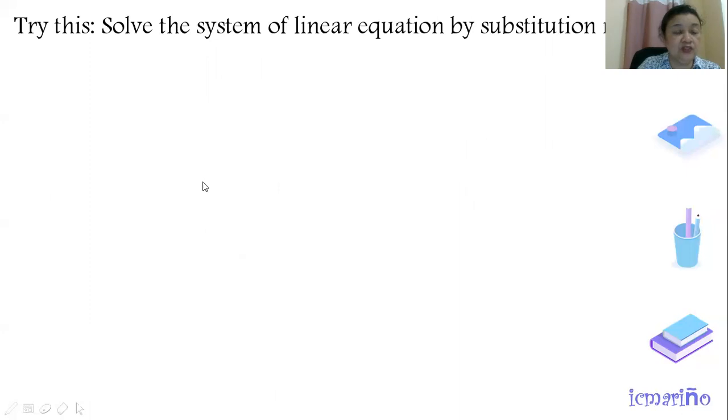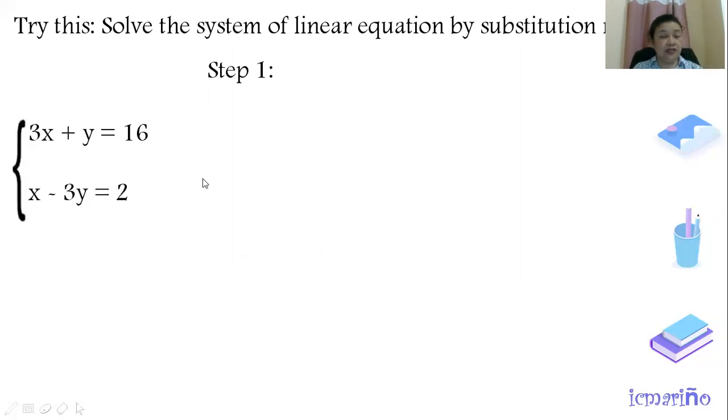Right, another one, we'll try this. Solve the system of linear equation by substitution method. Okay, you again. 3x plus y equals 16. x minus 3y equals 2. Oh, is that the same problem?